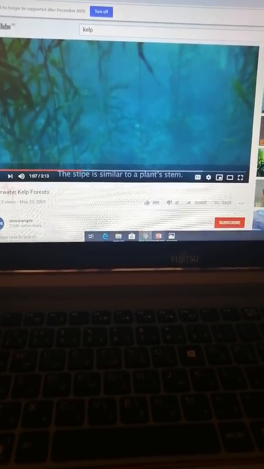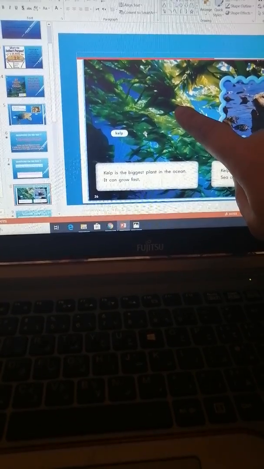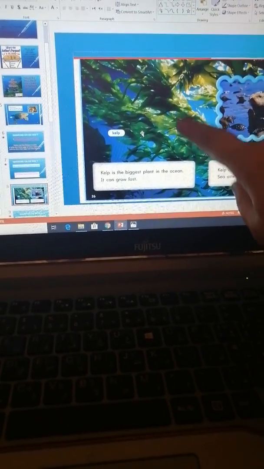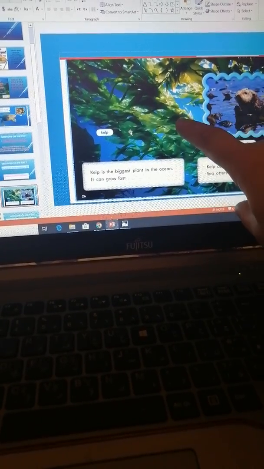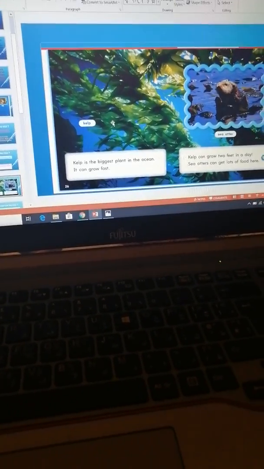Now you understand? Okay. Kelp is very long and it grows very fast. It grows 2 feet in one day. This kelp is a very big plant and needs a big space to grow. So I can find this kelp in the ocean because the ocean is a very big space. We will read together.